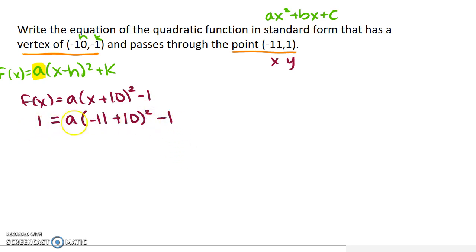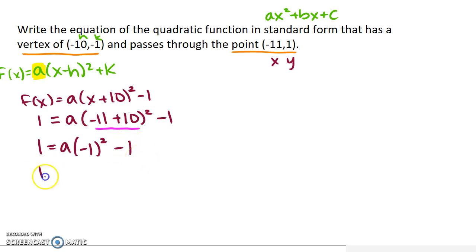So now let's simplify to find out what a is. Order of operations tells us to do parentheses first, so we're going to simplify that. So we'll have 1 equals a, and then -11 plus 10 is -1. Don't forget the squared. You have -1 on the outside.